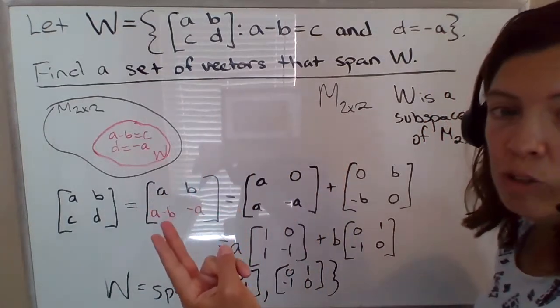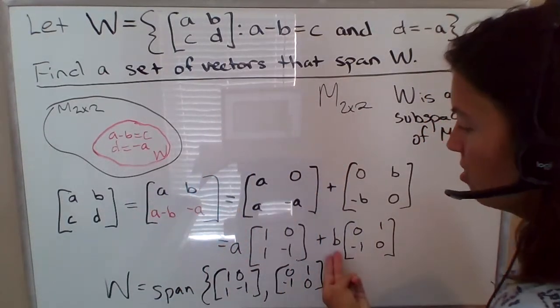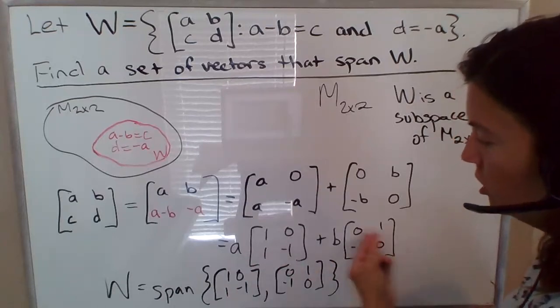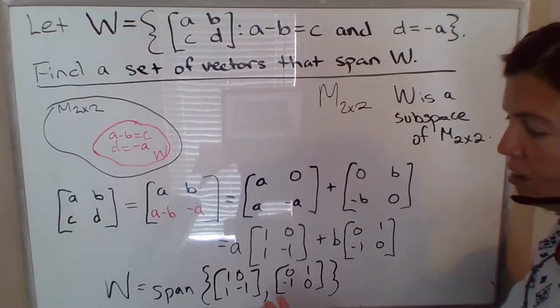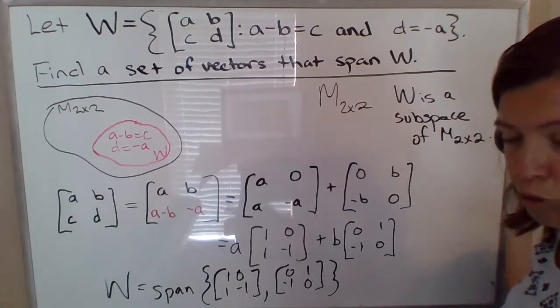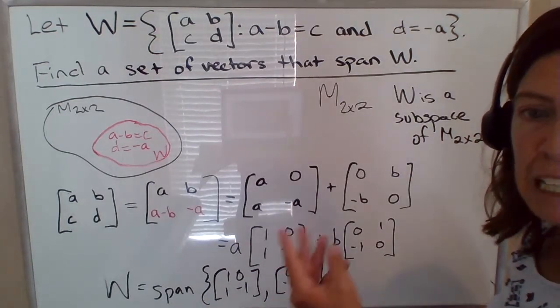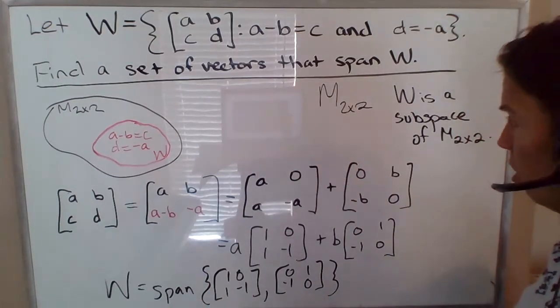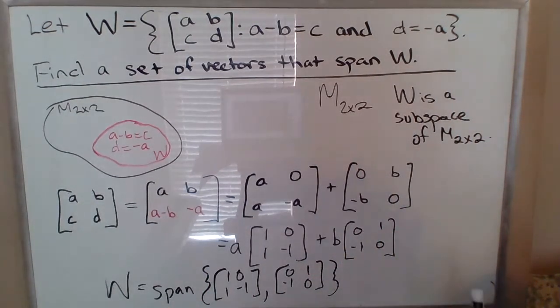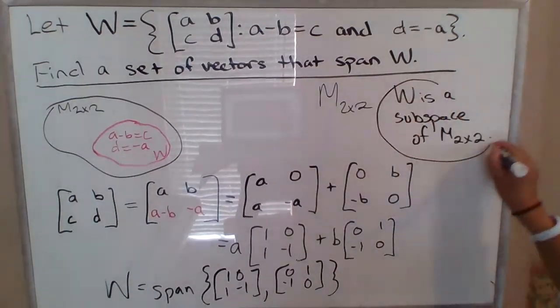Is it closed under addition? Well, yes. By definition, the span is a collection of all sums and scalar multiples. That's what the set of all linear combinations refers to. So a span is automatically closed under addition and scalar multiplication, because that's what linear combinations are. And so it satisfies the three axioms, and so it is a subspace.